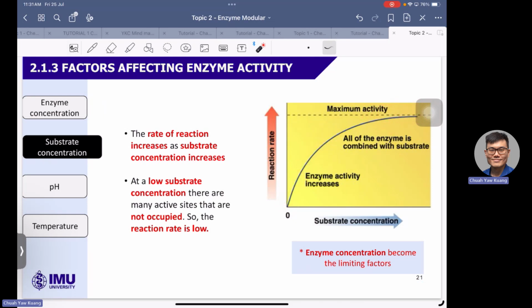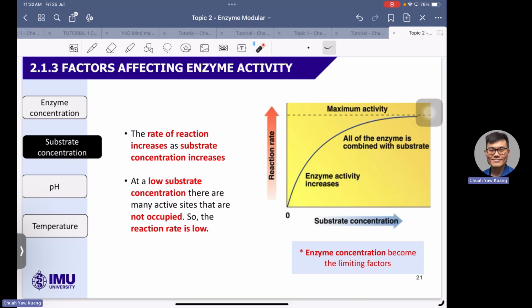At low substrate concentration, the rate of reaction is low because there are still a lot of active sites that are not occupied.